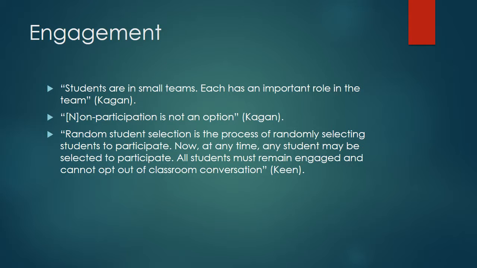All students must remain engaged and cannot opt out of classroom conversation. When I took a training class on cooperative learning in the spring, they talked about randomly selecting students for presenting what the group came up with. What we did for that is we would roll a die, and each student in the group would have a number, and whatever number came up on the die would be the number of the person who was going to present.